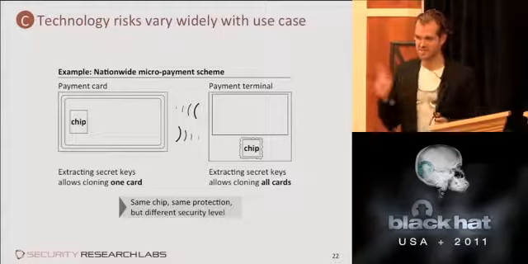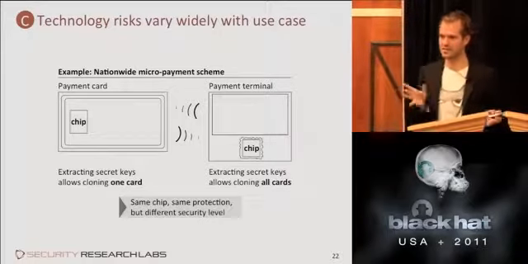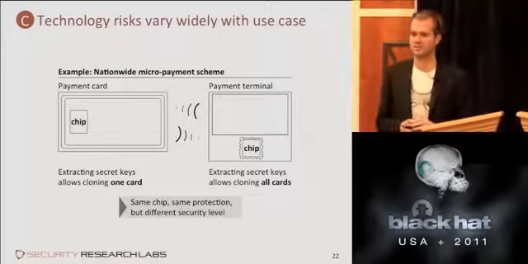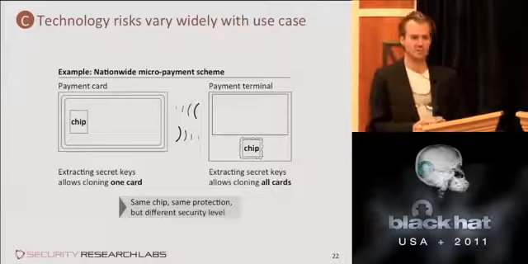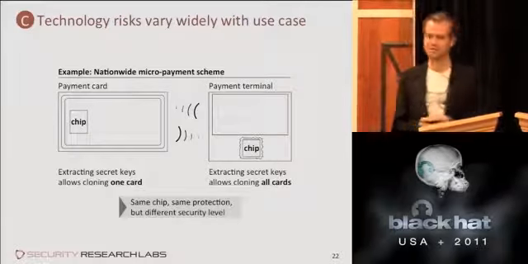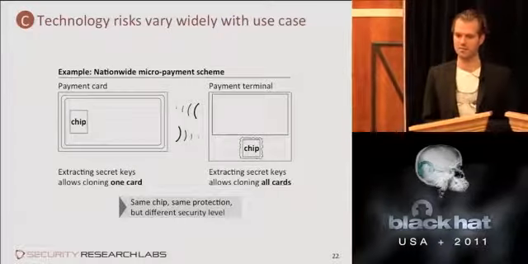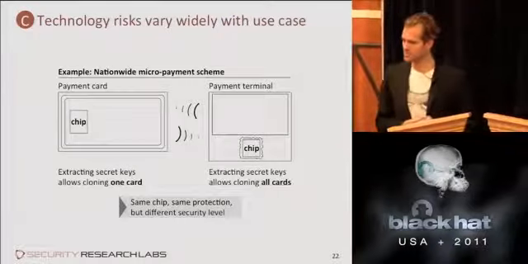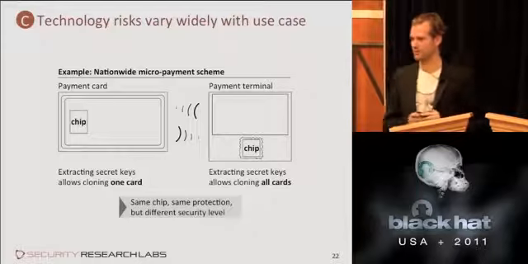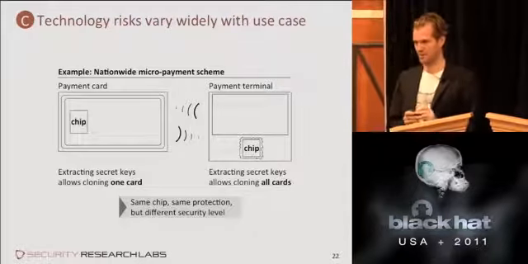And now the same chip has to protect the master key of this entire country. Given that key, you could create as many payment cards as you want. Now all of a sudden, a 30,000 price tag for breaking it isn't all that high anymore, right? The chip didn't change though. Same chip, same exact protection level, however insecure all of a sudden, right?